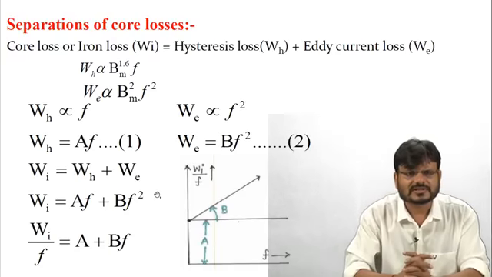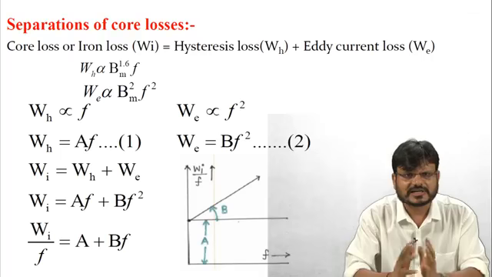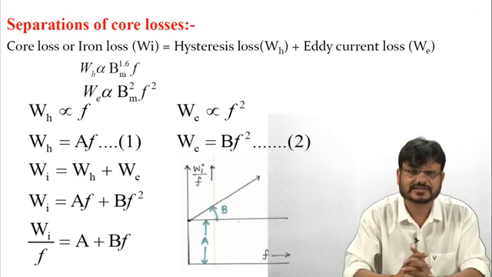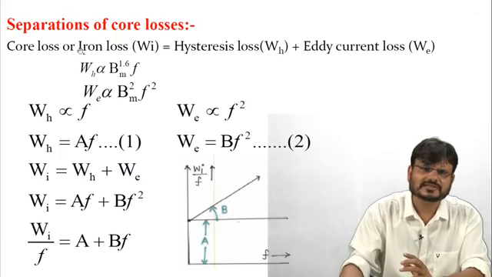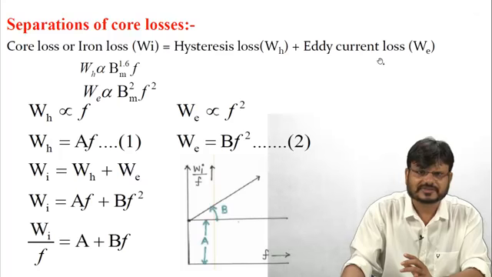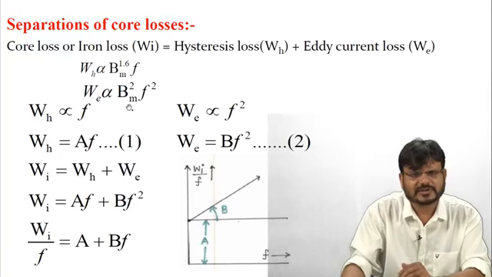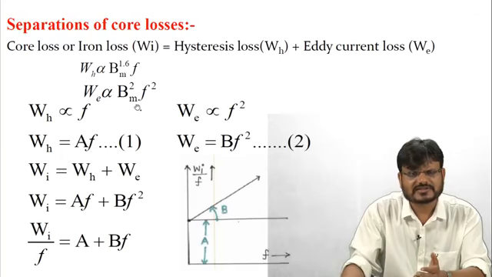Now we have to understand the separation of the core losses. As you know, the core losses, or iron losses, can be classified as eddy current loss and hysteresis loss. Iron loss is equal to hysteresis loss plus eddy current loss. Hysteresis loss is directly proportional to the flux density to the power 1.6 multiplied by frequency, and eddy current loss is directly proportional to the square of the flux density multiplied by the square of the frequency.